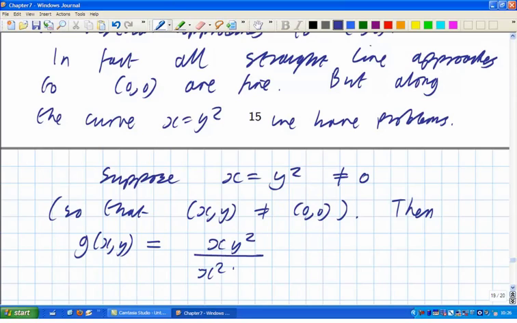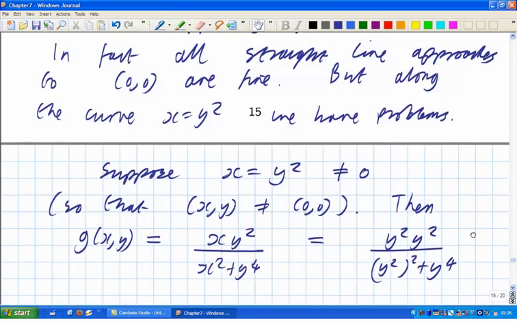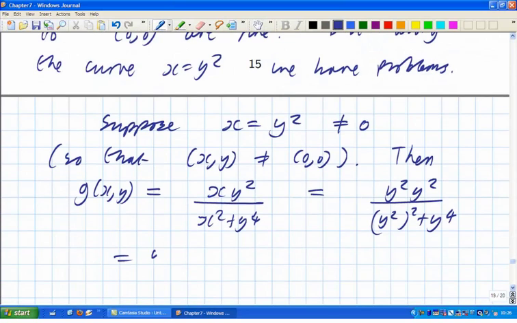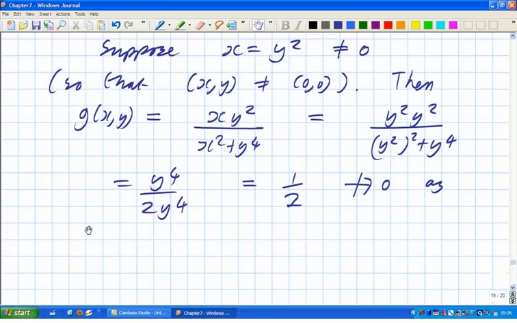Then what do we have? g of (x, y) is equal to x y squared over x squared plus y to the fourth, which is equal to y squared times y squared over y squared squared plus y to the fourth, a line you could probably miss out if you could do it in your head, which is y to the fourth over 2 y to the fourth.